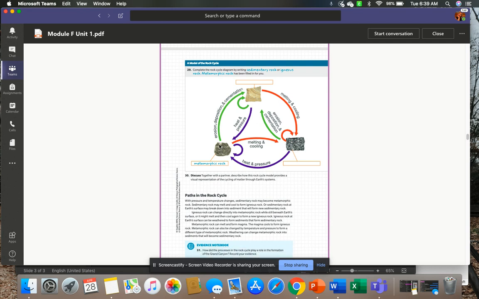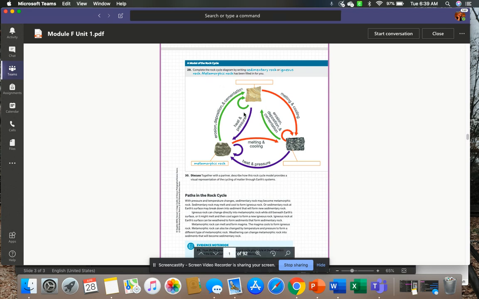Metamorphic rock can form from heat and pressure, melting and cooling, kind of reversing itself, and this heat and pressure component again. So this is only 2 processes, okay? This over here is your igneous rock, which is formed by melting and cooling, and melting and cooling, and erosion, deposition, cementation.